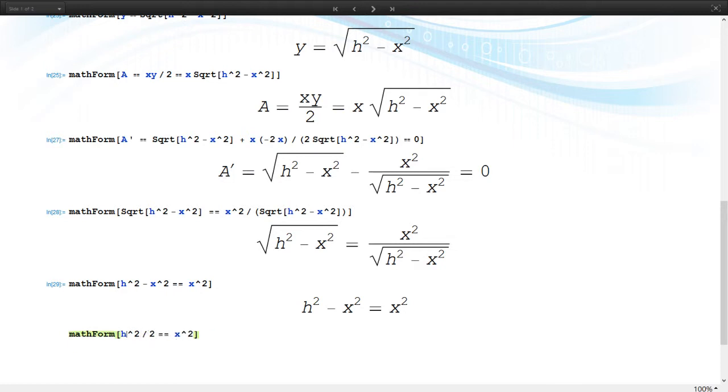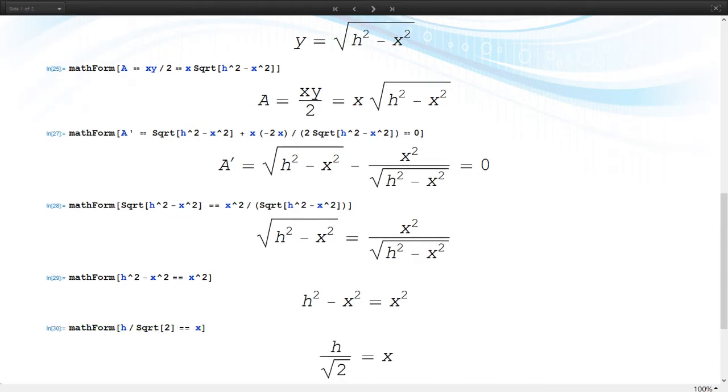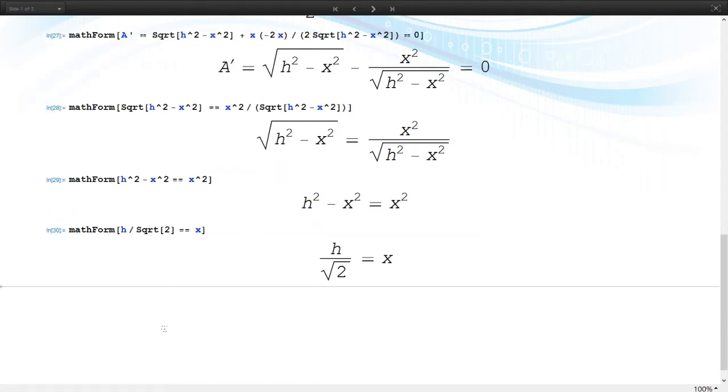And I take the square root. So this gives me x, which is the length of one of the legs of the triangle.